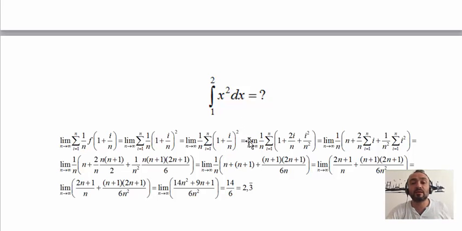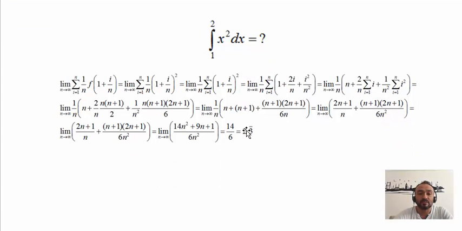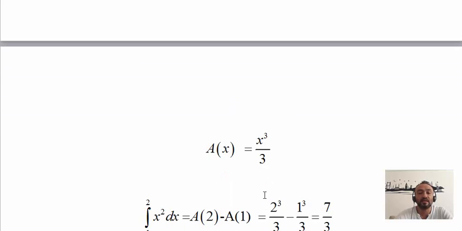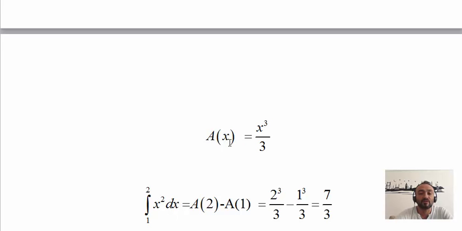Now we learned a new method to calculate this integral. Just find a function whose derivative is x squared, which is x cubed over 3, and after finding this function, just make the calculation like this, 7 over 3.